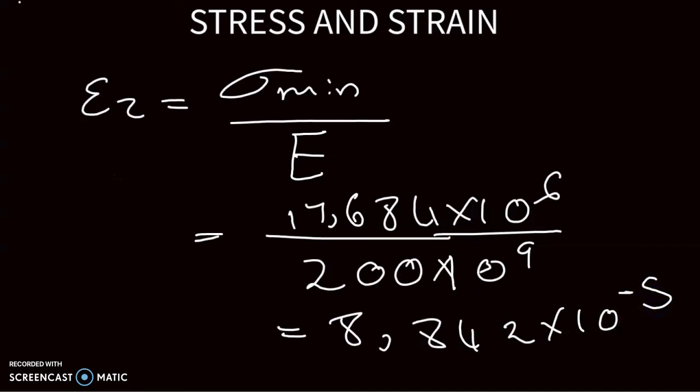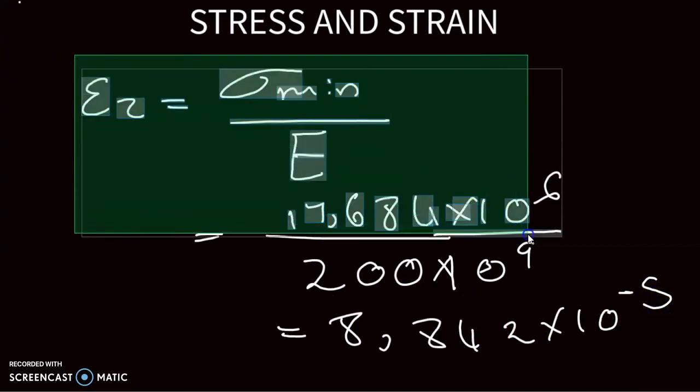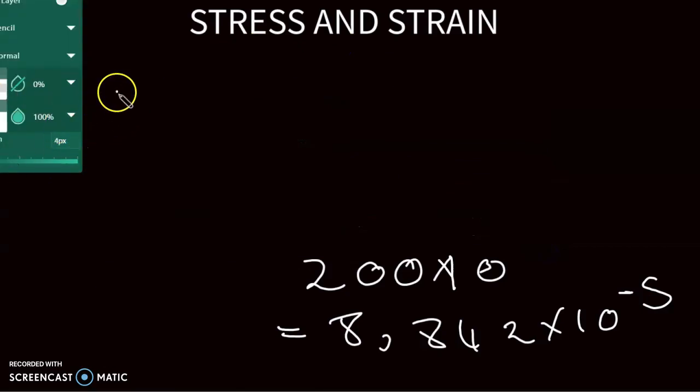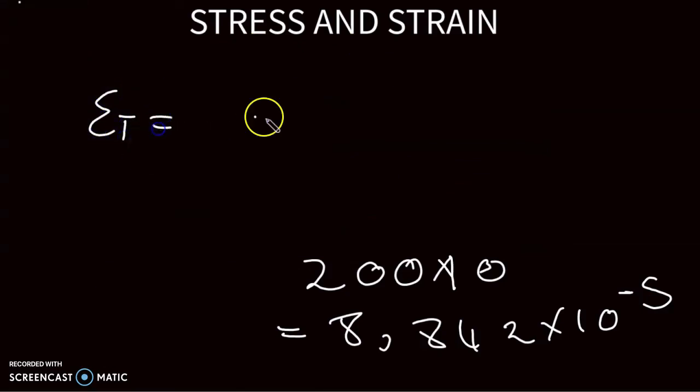And then we are going to calculate the total strain using these two values, and we know the formula to calculate total strain equals strain number 1 plus strain number 2.